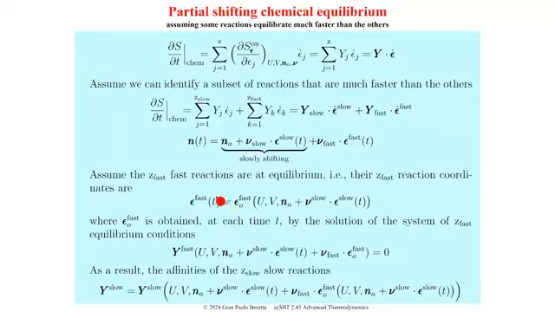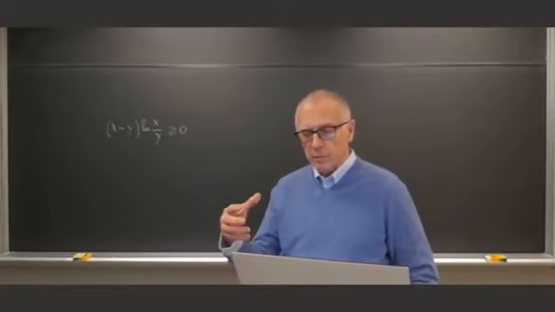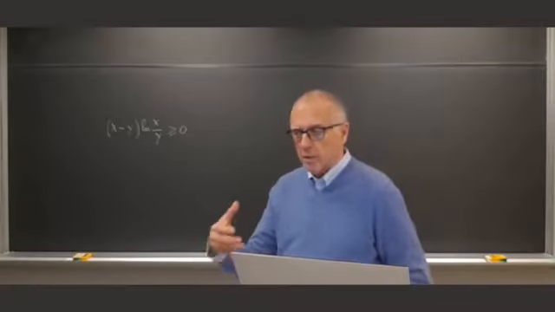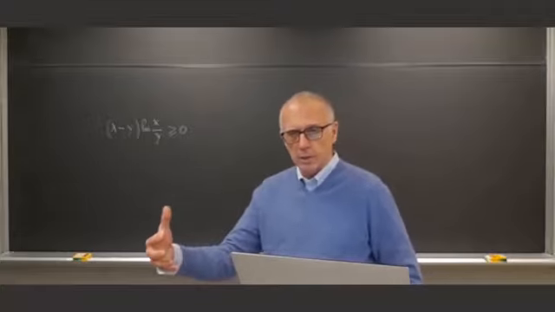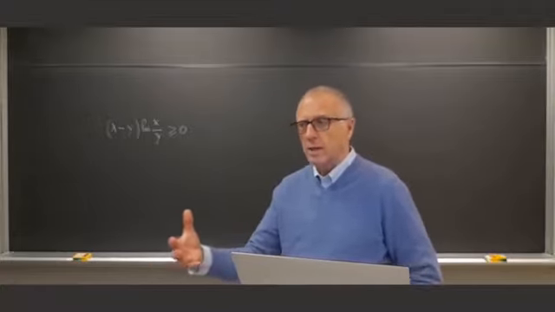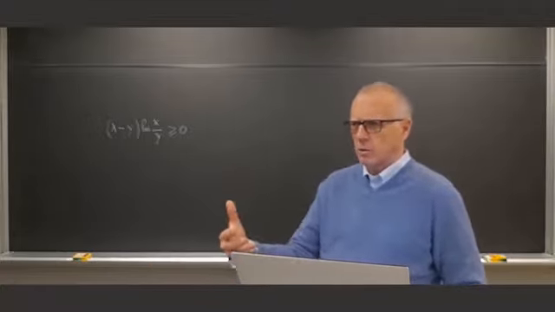Of course, this has to be done at every instant of time, because slowly, the slow reactions do advance also. Actually, they are the bottleneck of the mechanism. They are the rate controlling reactions. The slow ones are the ones that control the rate of the others.